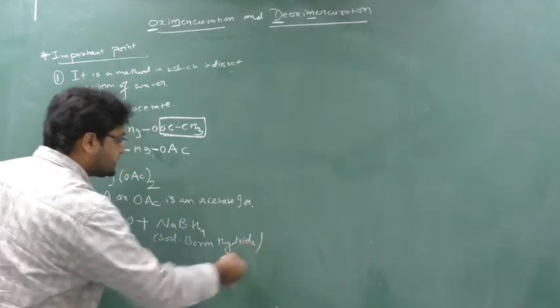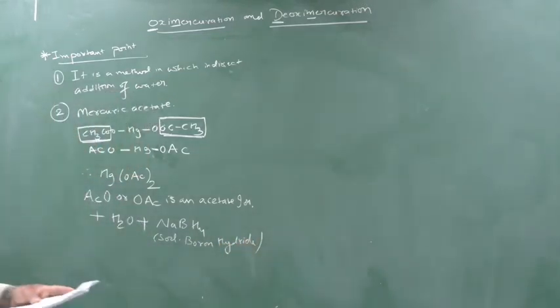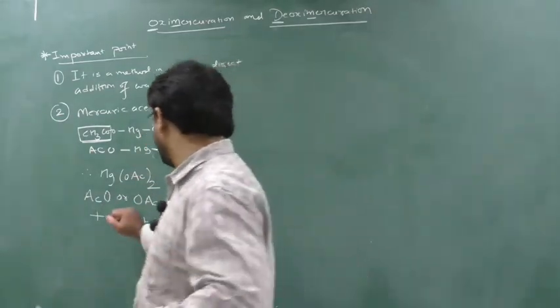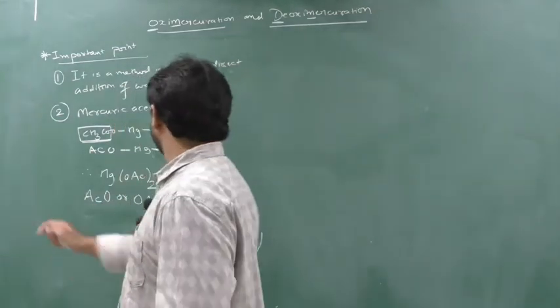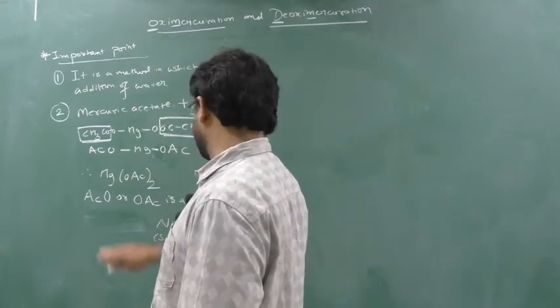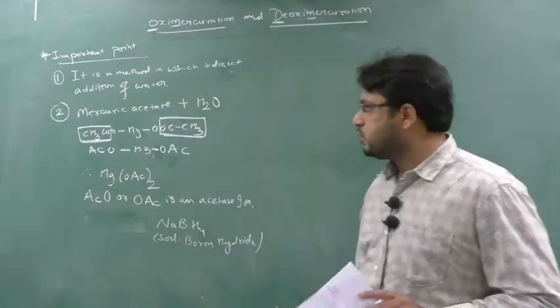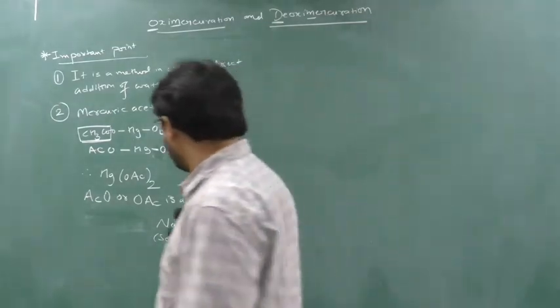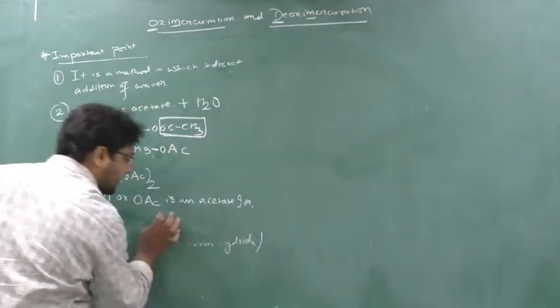Clear? So in the first step we are using mercuric acetate along with water. In the first step, mercuric acetate plus water, and in the second step we are using what? Sodium borohydride. This sodium borohydride will provide us the hydride.